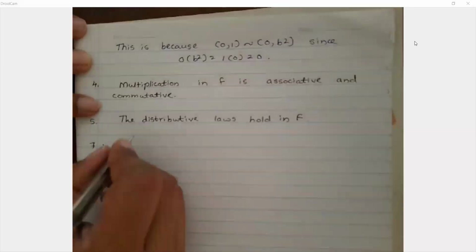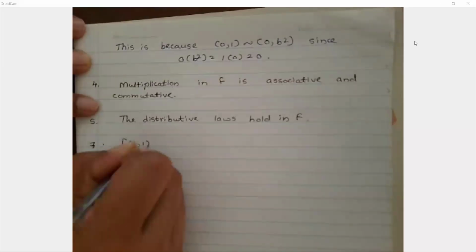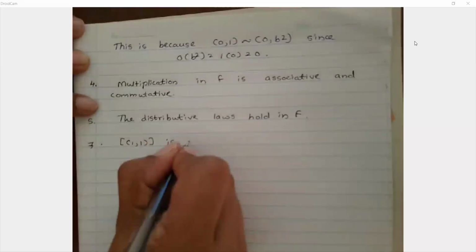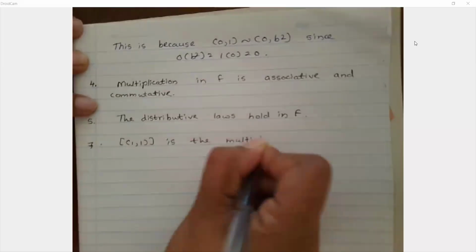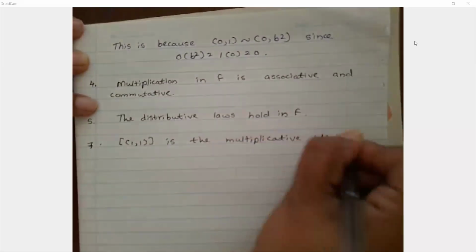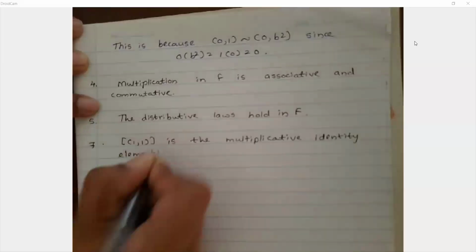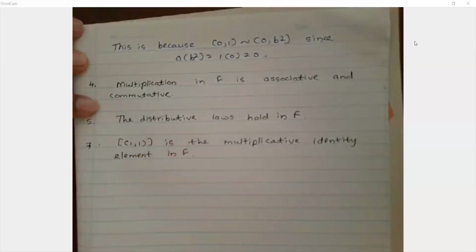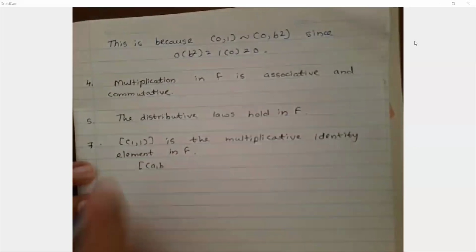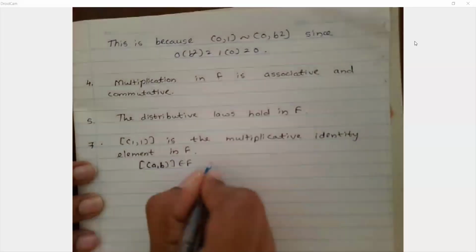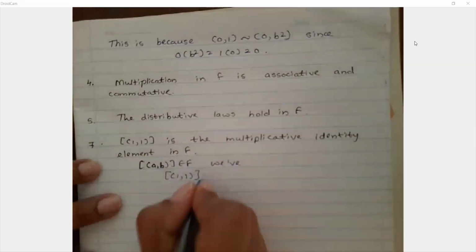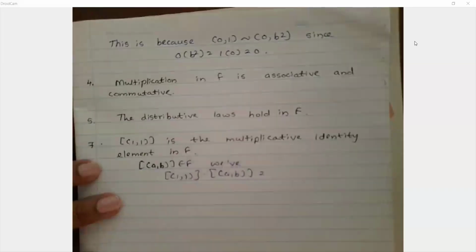Then we have the element, the equivalence class, which is an element in F, is the multiplicative identity element in F. To see this, if you take any element AB in F, we have the equivalence class of 1, 1 times the equivalence class of AB by definition of multiplication, which we defined earlier.